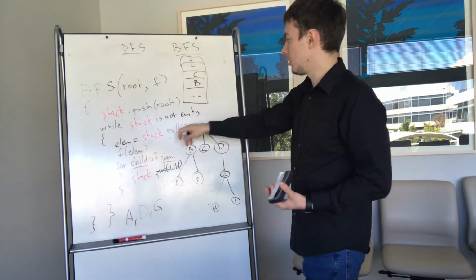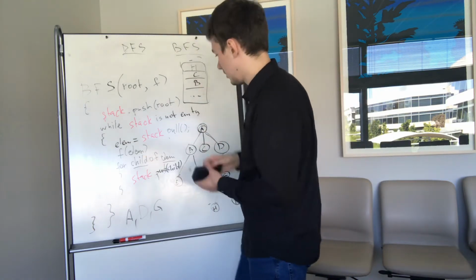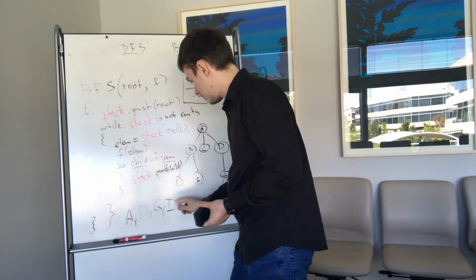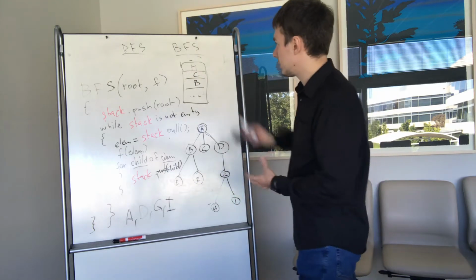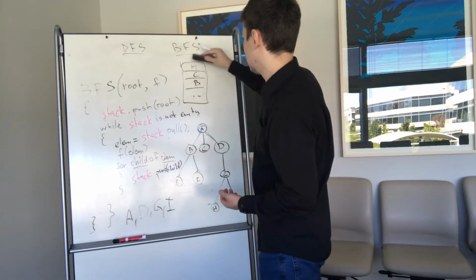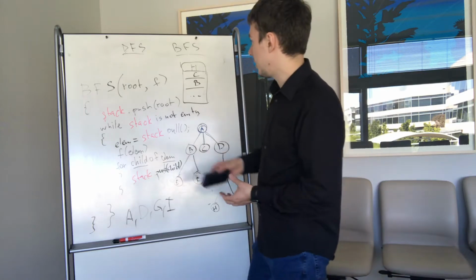Stack is non-empty. We pull I, print it, and add all its children to stack, but I has no children, so we're not adding anything. We're not pushing anything.